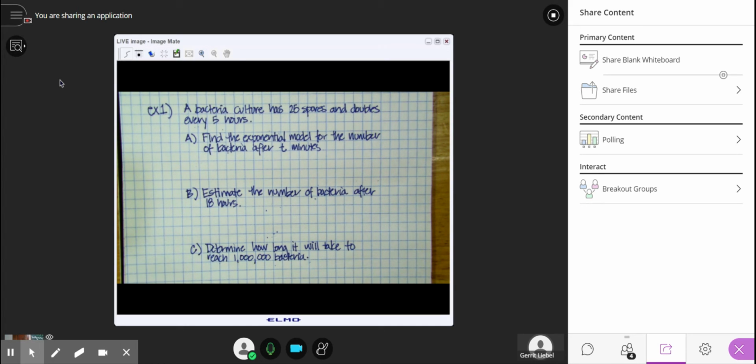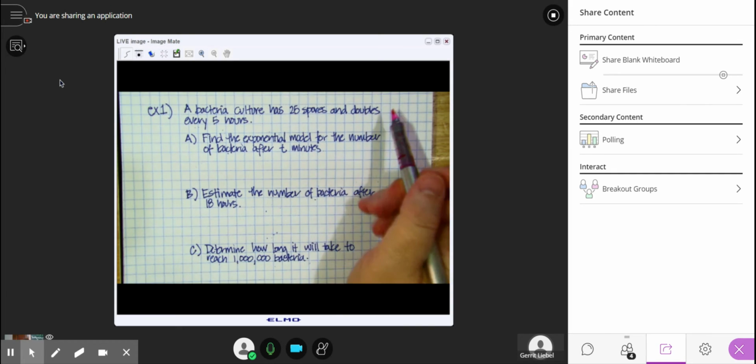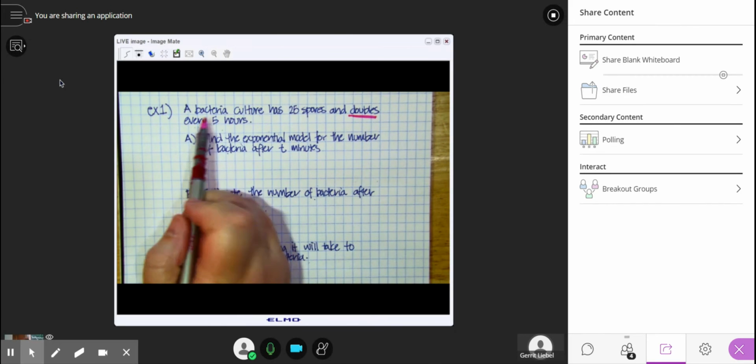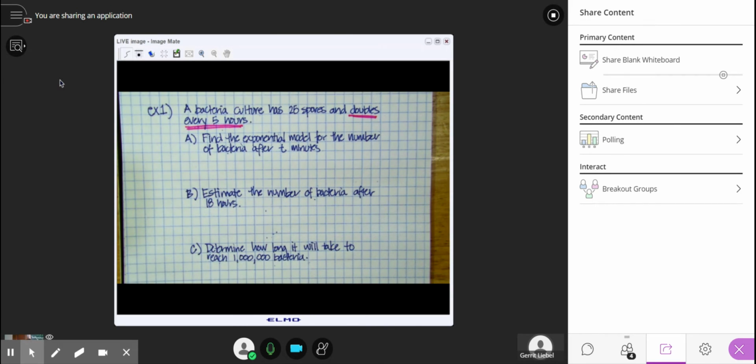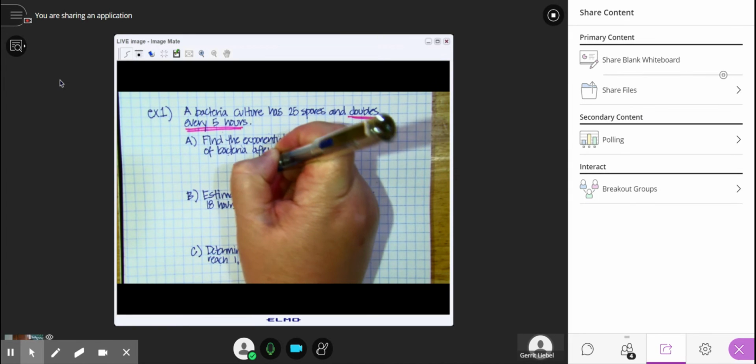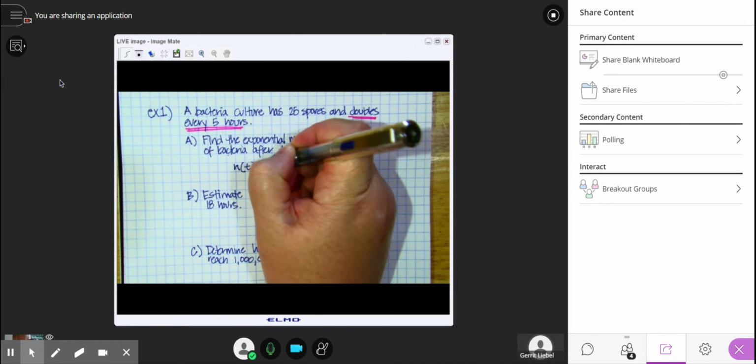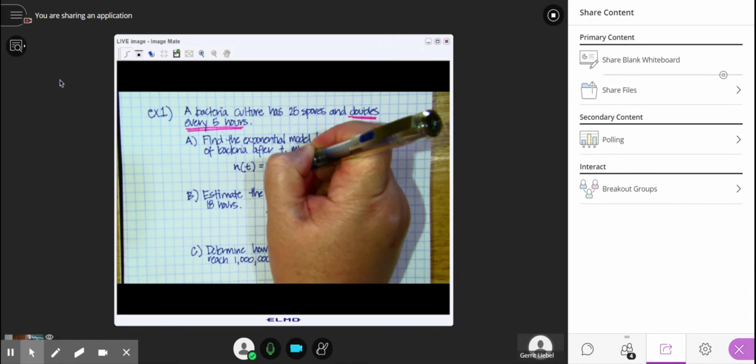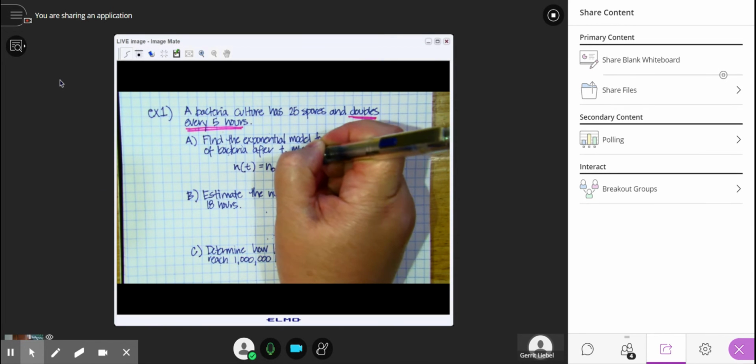Okay, so this is a problem of exponential growth. The fact that they used the term doubles every 5 hours lets me know that I am using the doubling time formula for this exponential growth. That is n of t is going to equal n sub 0, 2 to the t over a.